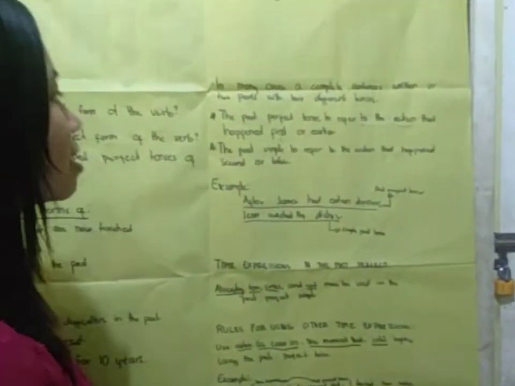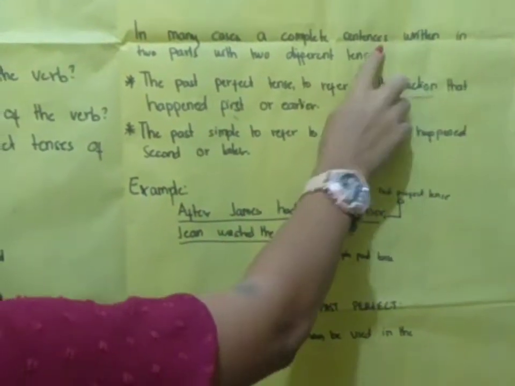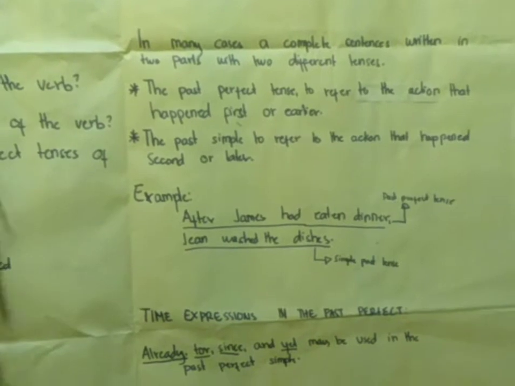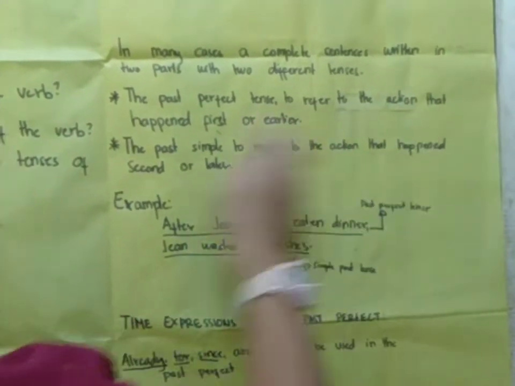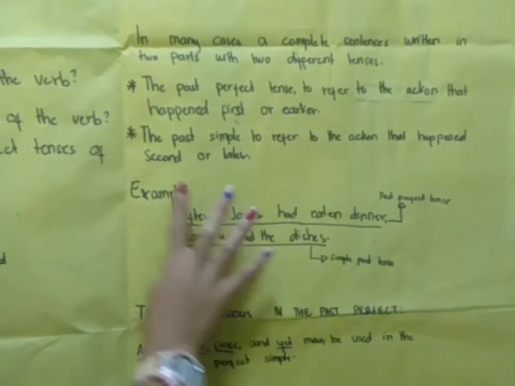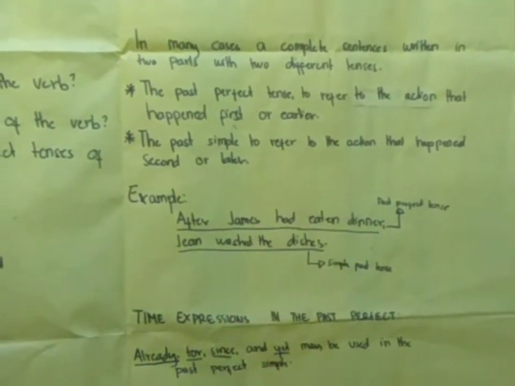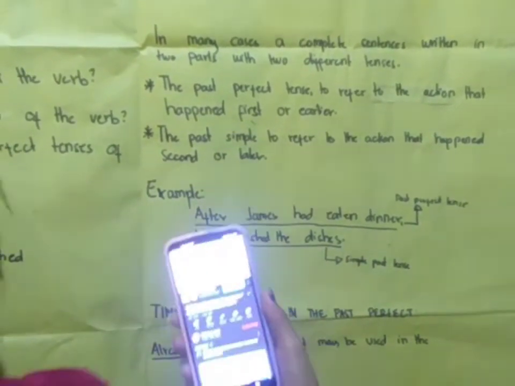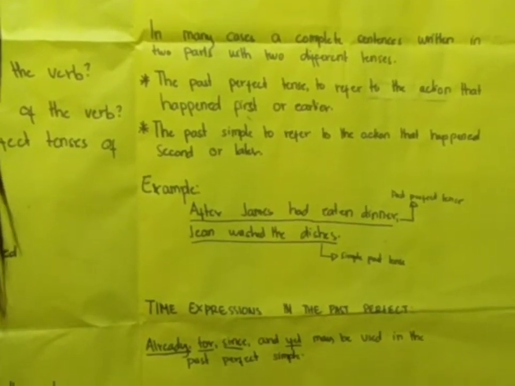Okay, so let's proceed. In many cases, a complete sentence is written in two parts with two different tenses. The first one is the past perfect tense, to refer to the action that happened first or earlier. And the second is the simple past, to refer to the action that happened later. So let's go back to our example from a while ago.